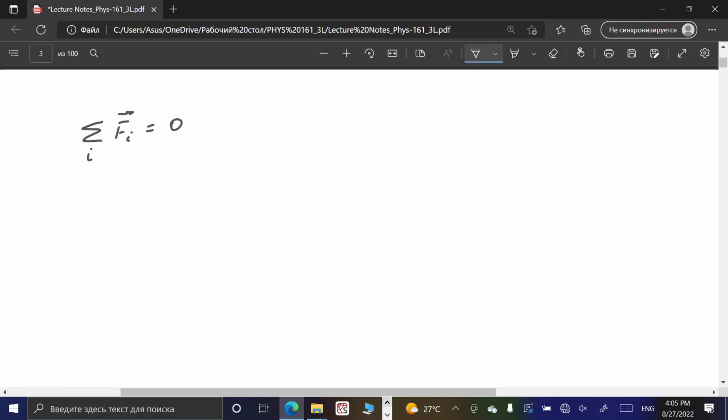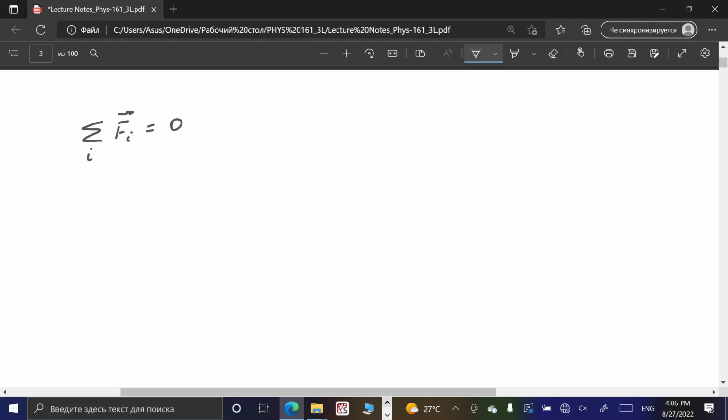So it either stays stationary or moves with constant velocity vector. And in this case, we need to highlight that constant velocity vector is not only in magnitude as we had for uniform circular motion, but also in direction. So it means it moves with constant velocity along a straight line.